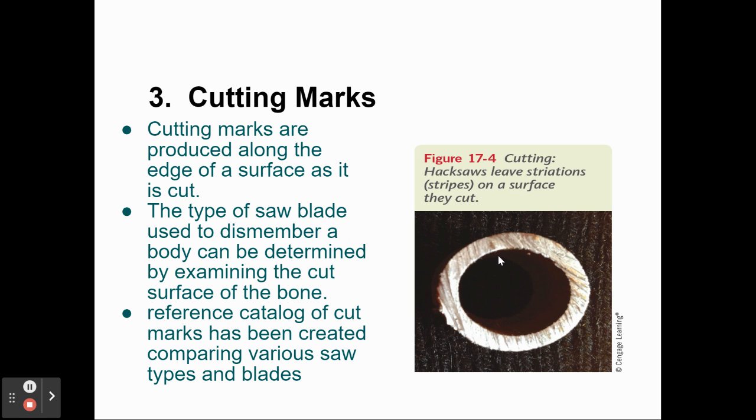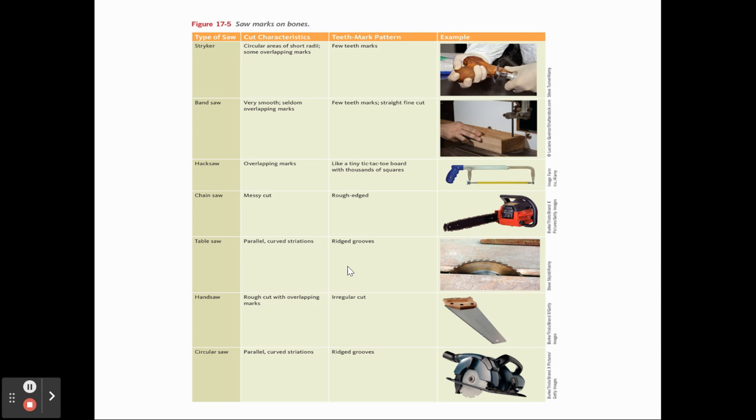So I believe, if I remember correctly, they've used beef bone and then all the different kinds of saws and saw blades that you can come in contact with. And they've cut through these bones to be able to see what does this cut surface look like and what type of saw did it come from. All right, so again, lots of information trying to get rid of this subjectivity, trying to make it a much more objective type of assessment.